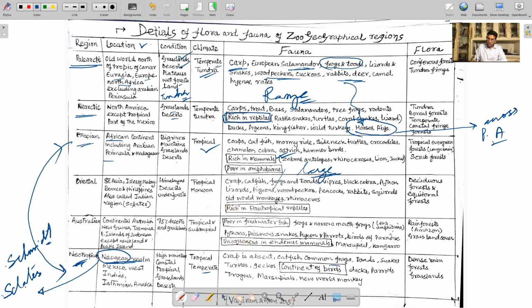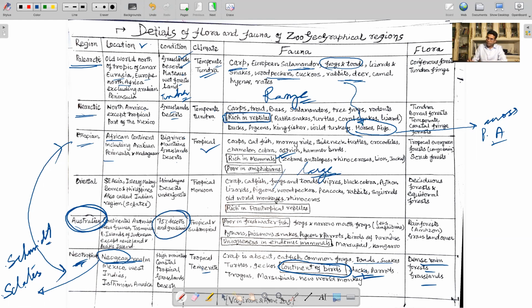Now, conditions. This is the continent of birds. This is important. Lots of birds, ducks, parrots, and colorful birds here. Dense rainforest, plus a range of frogs and toads and the rest. Australia is unique. It has deserts, grasslands.